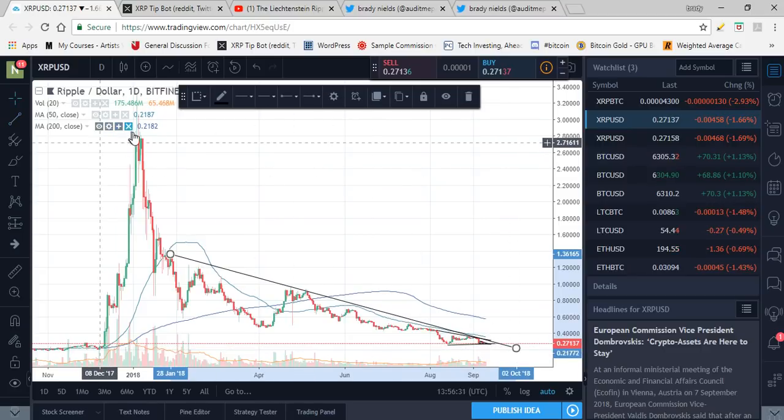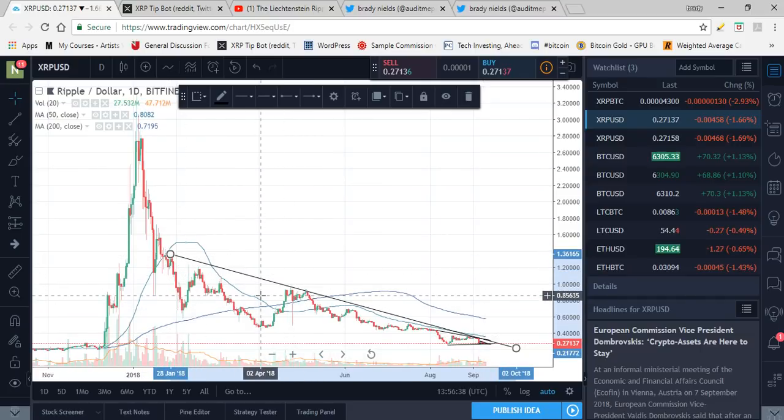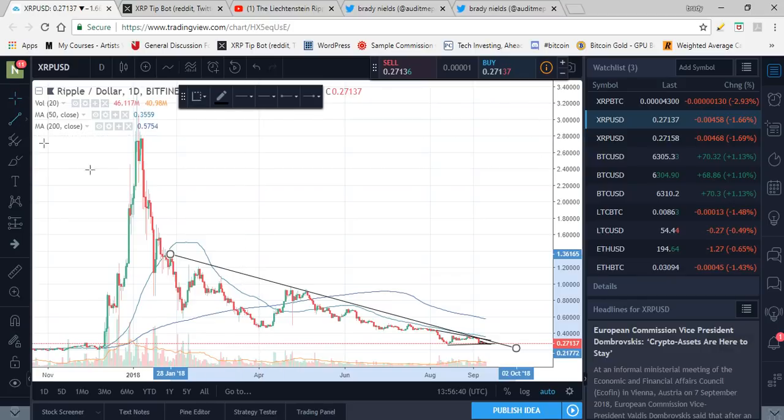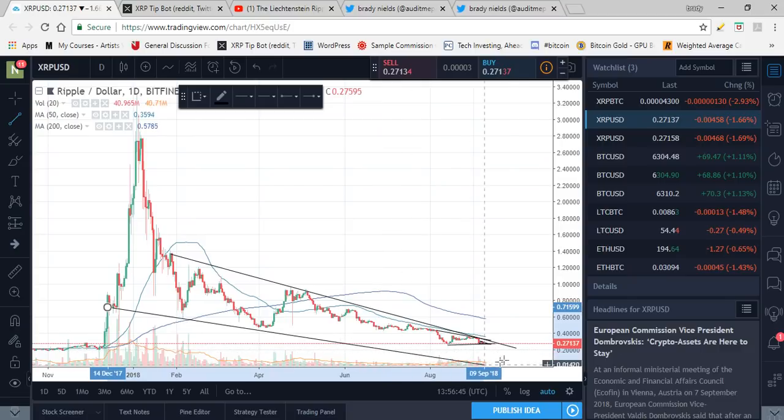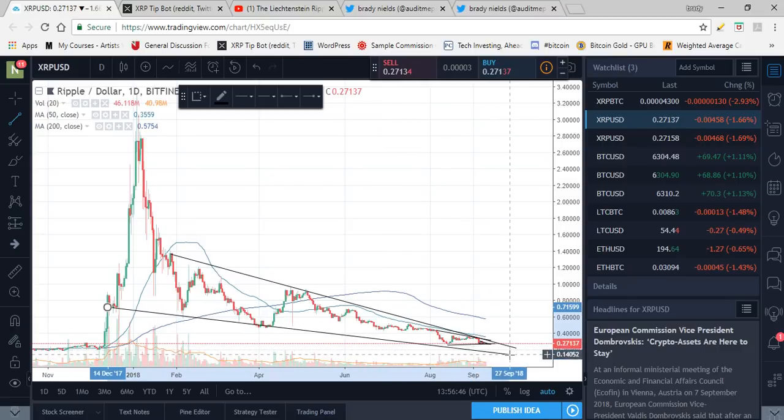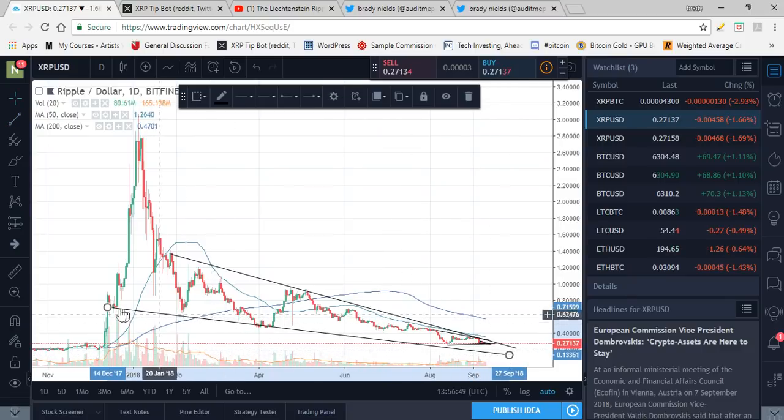You could start from up here, but when I do my trend lines, everyone obviously does them differently, I like to see how far back I can go, and in doing so, see if I can find areas of support and resistance.